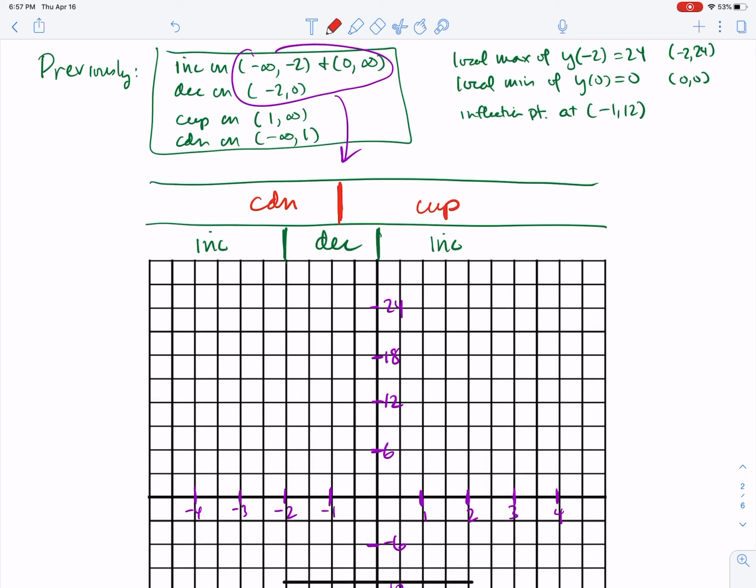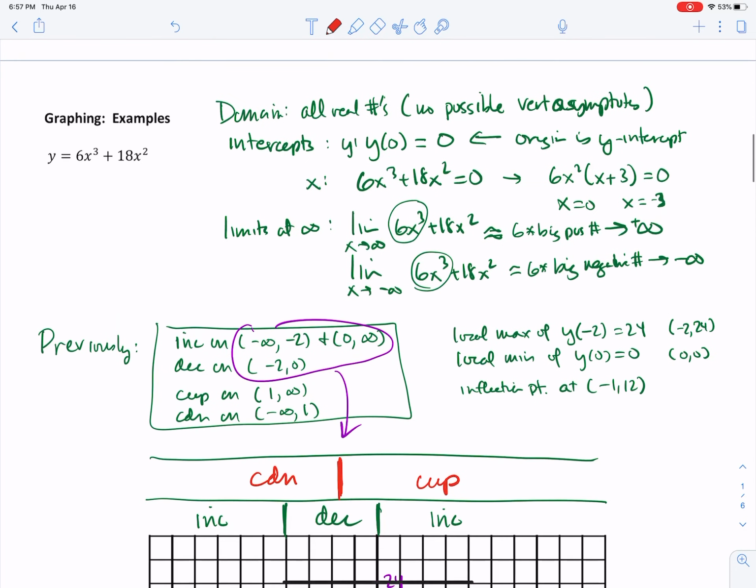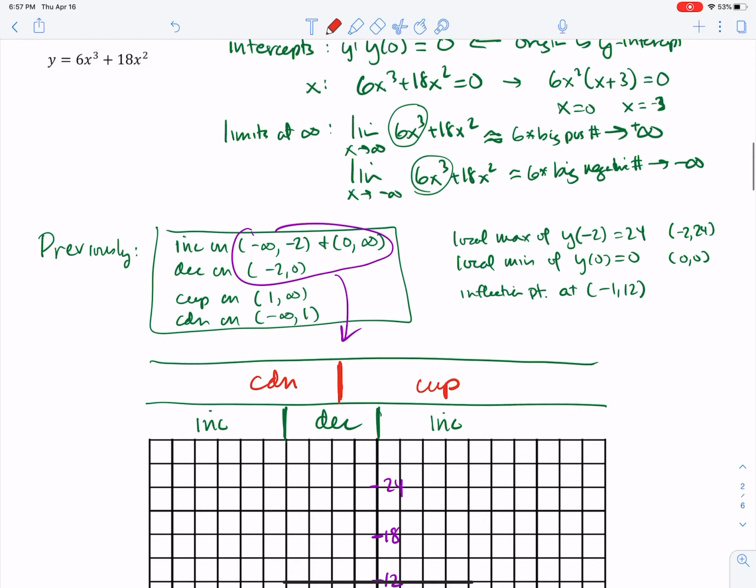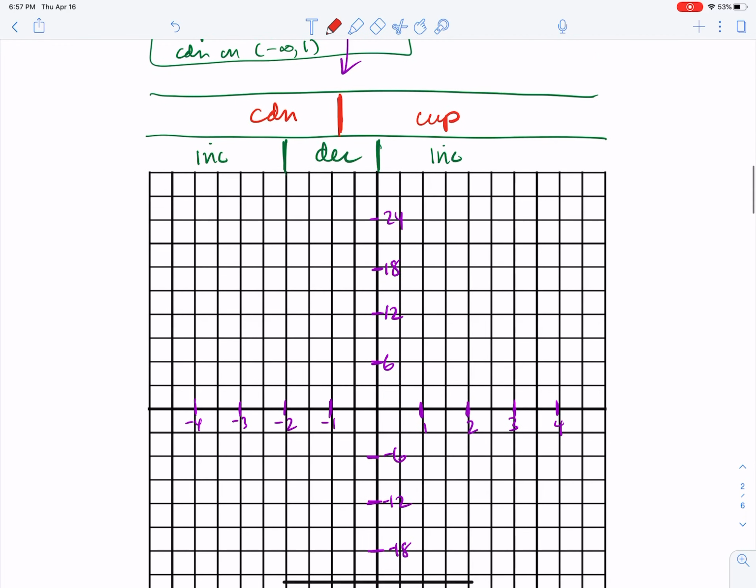So now let me plot the points that I know something about. I know that I've got intercepts at 0, 0 and at negative 3, 0. So I've got an intercept right here and an intercept right here. I had a maximum at negative 2, 24.